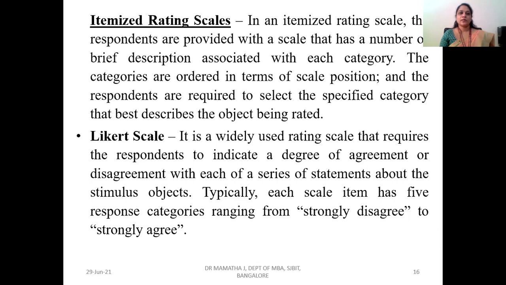Usually a 5-point scale is used in questionnaires. One item is rated on 5 different categories, ranging from strongly agree to strongly disagree. In between you can have agree, neither agree nor disagree, and disagree.